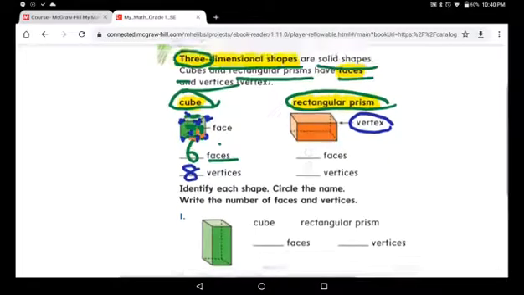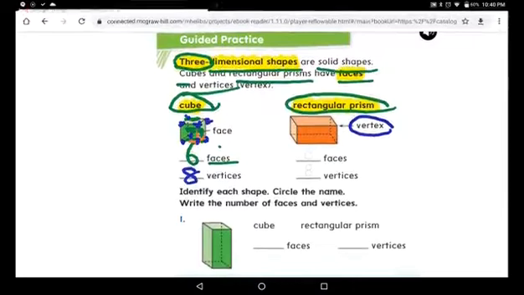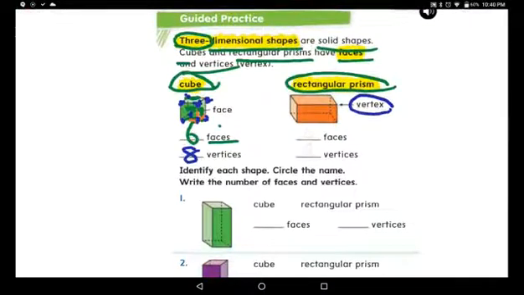Now go to the rectangular prism. Let us count the faces. Do you still remember which shape we used to make a rectangular prism? We used rectangles. We used rectangle faces.